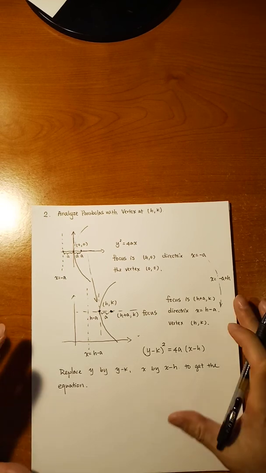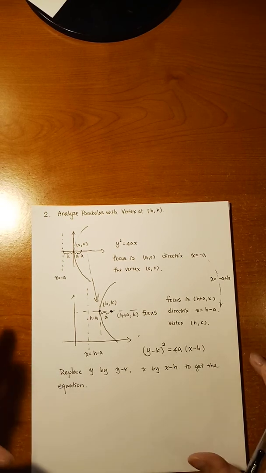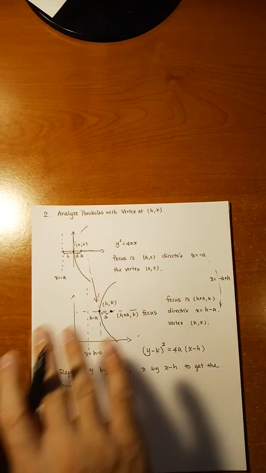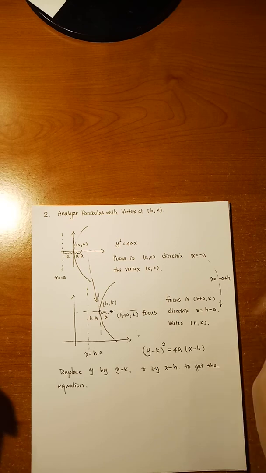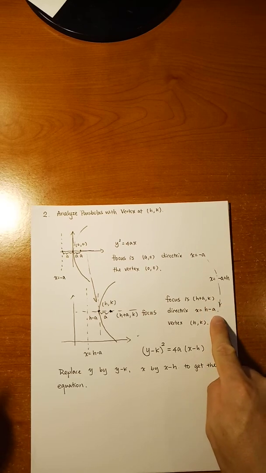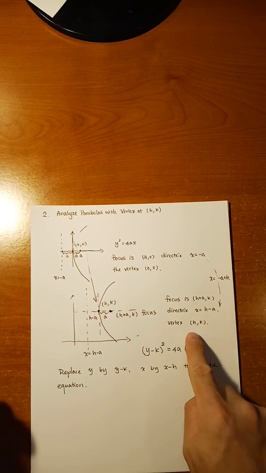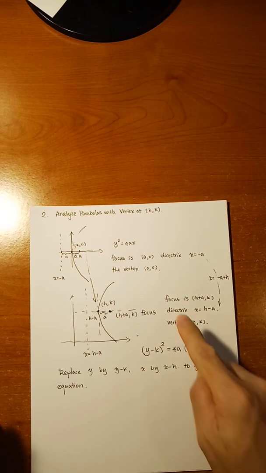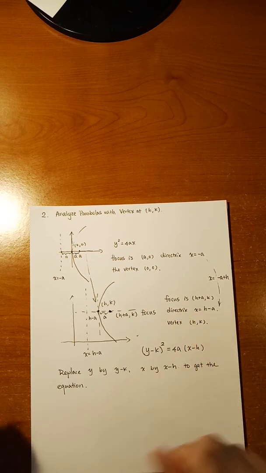All right, so this is the first standard type, when the parabola opens to the right, with its focus, directrix, and vertex. When you move the vertex from (0, 0) to (h, k).